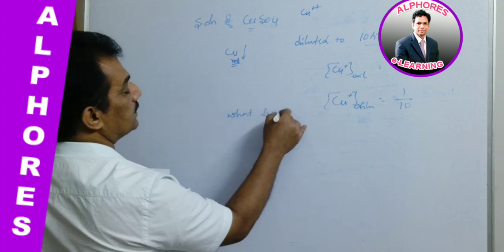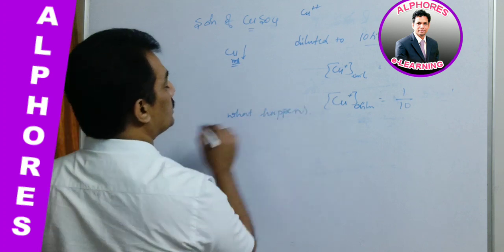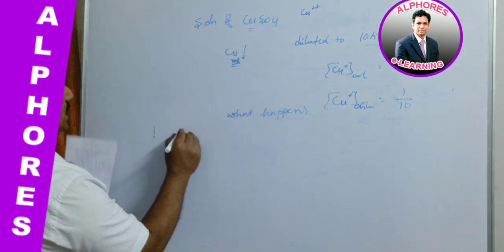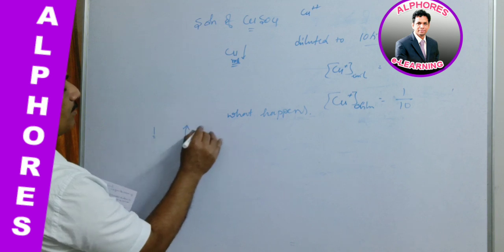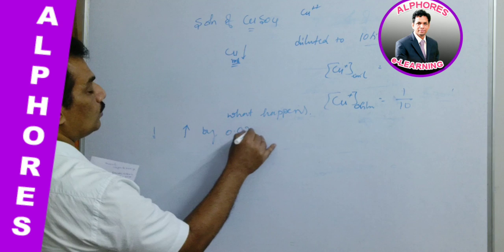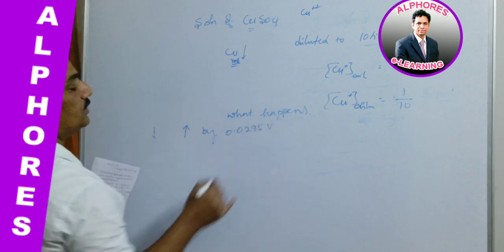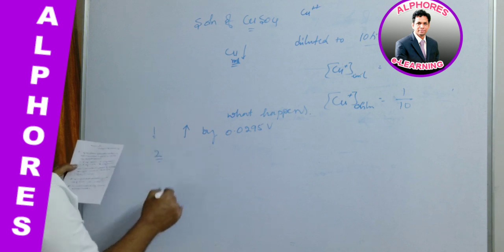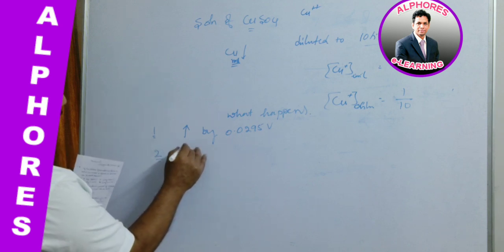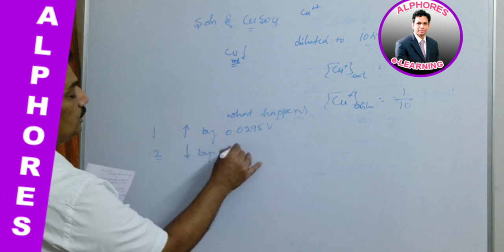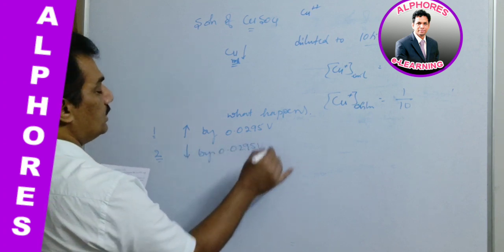What happens? Here the options are like this. First one is the electrode potential increases by 0.0295 volts. And the second option is the electrode potential decreases by 0.0295 volts.